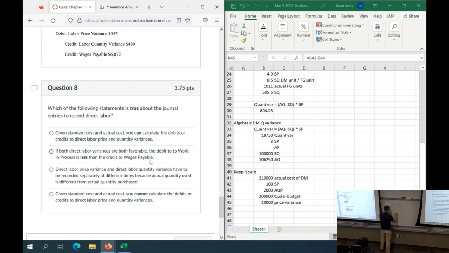And we know at the bottom we have a credit to wages payable or wages expense, which passes through to wages payable. And it's Y. And we're saying if both variances are favorable, do they get a debit or a credit?